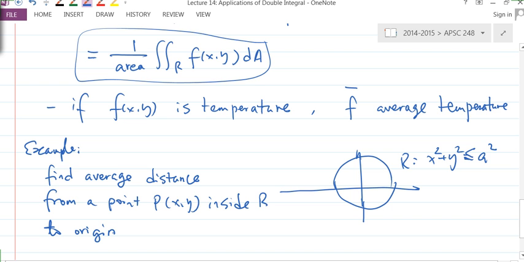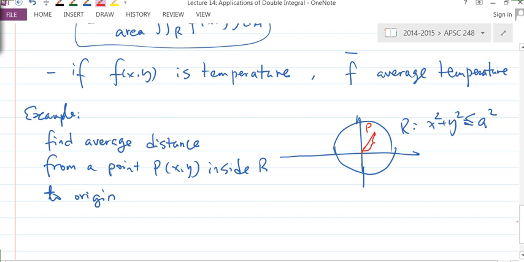So you pick a point here, and you get a distance between that point and the origin. You pick another one, you get another distance. So the question is, what's the average distance for all the points inside this region R to the origin? That's the question.